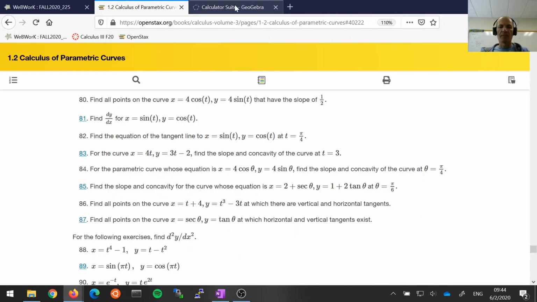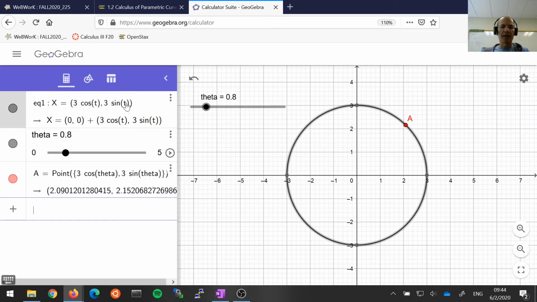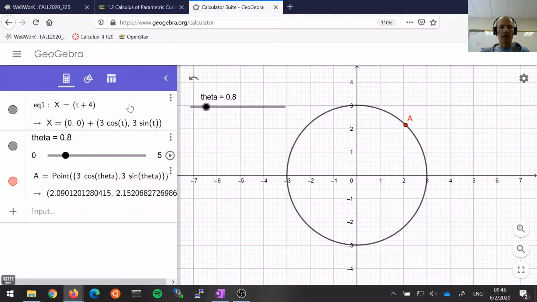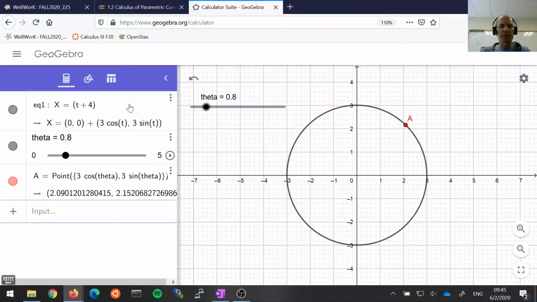If we go to our friendly Geogebra calculator here and plug in the equations for this particular curve, t plus 4 and t cubed minus 3t.